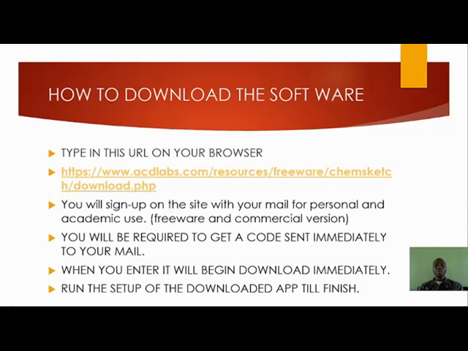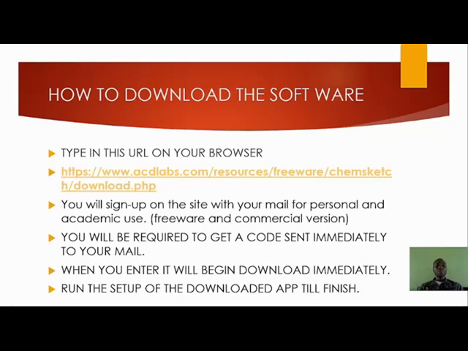Now, this is how you can download the software. All you need to do is get to your browser and type this URL that you can see on the screen here. This URL, I will leave in the description of this video, so you can click on it and download it.